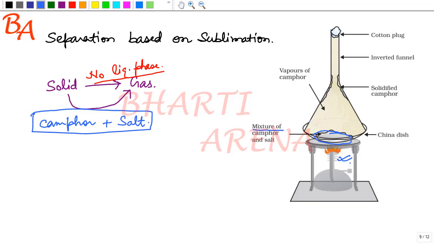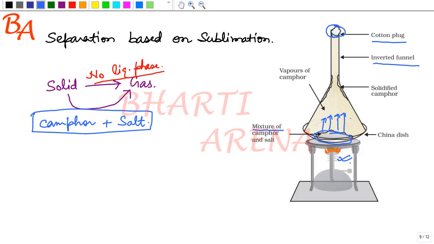A funnel is kept inverted over this china dish, and the top of the funnel is clogged by a cotton plug, so that the vapor evaporated from here should not pass out through it.